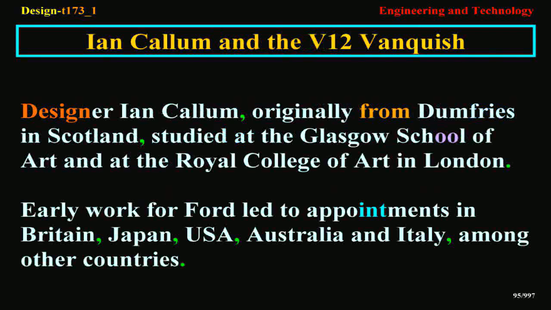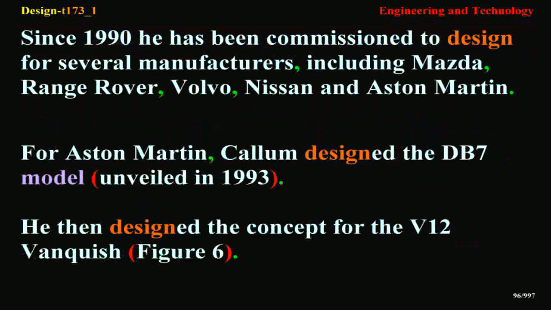Ian Callum and the V12 Vanquish. Designer Ian Callum, originally from Dumfries in Scotland, studied at the Glasgow School of Art and at the Royal College of Art in London. Early work for Ford led to appointments in Britain, Japan, USA, Australia and Italy, among other countries. Since 1990 he has been commissioned to design for several manufacturers, including Mazda, Range Rover, Volvo, Nissan and Aston Martin.